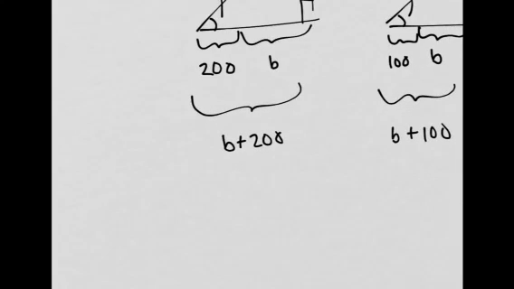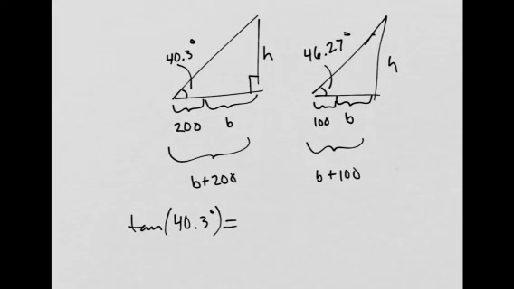Tangent, yeah. Because H is the opposite. So the opposite over adjacent, that uses the tangent function. So we have H over B plus 200, or 200 plus B.